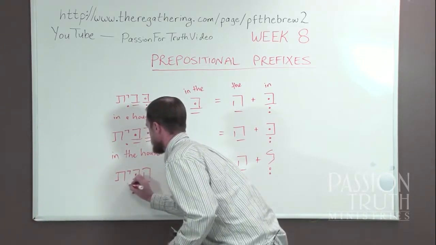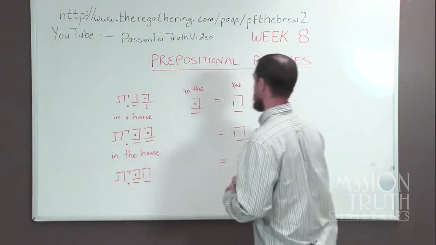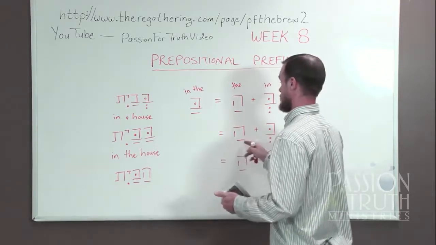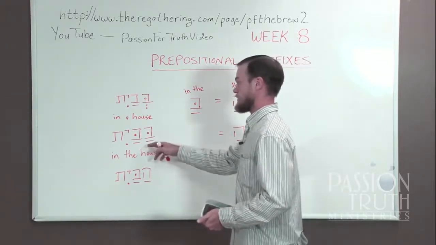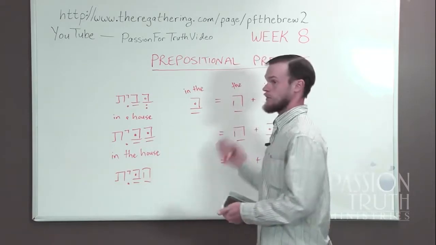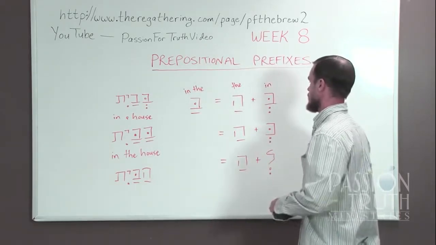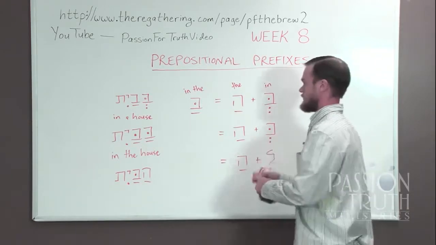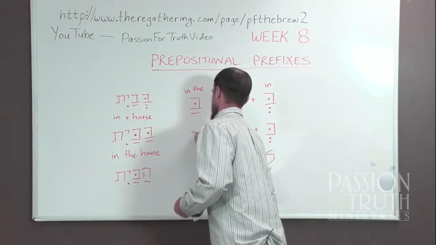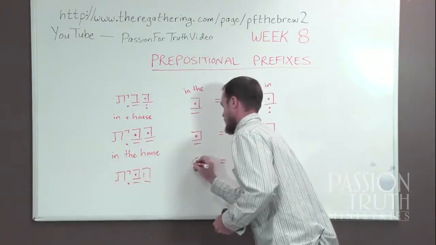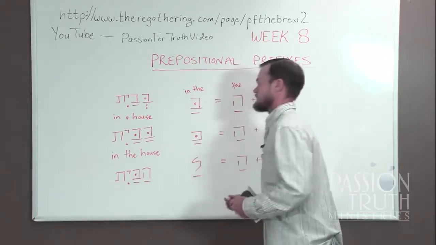Okay, so any rule that applies to a word that takes the definite article applies to that word when it takes the definite article combined as well. Okay, so kaf and he combine the same way. Ka and lamed and he combine as la.